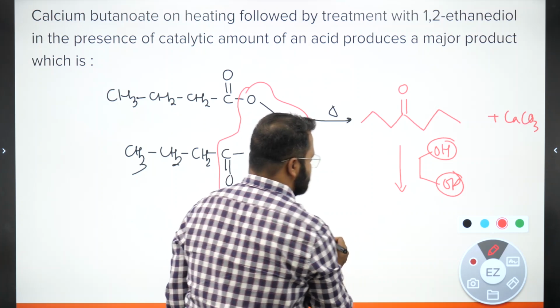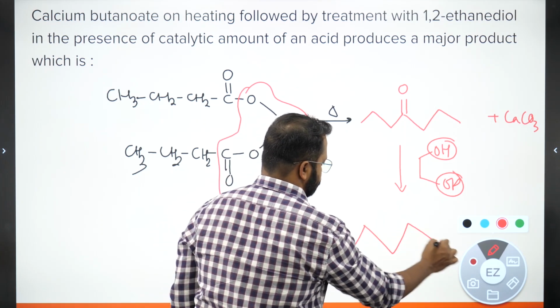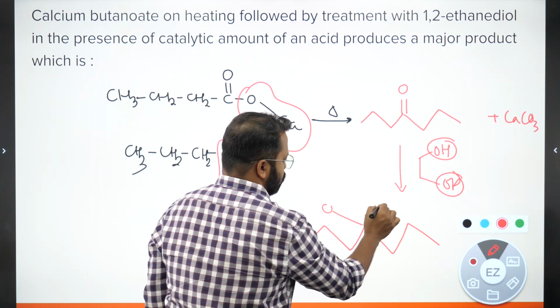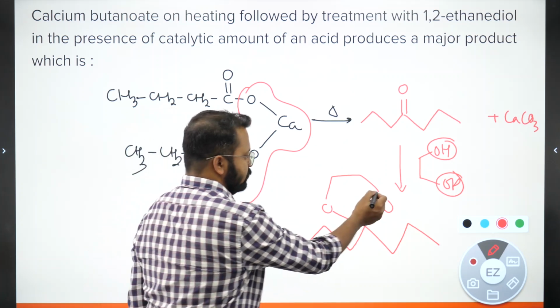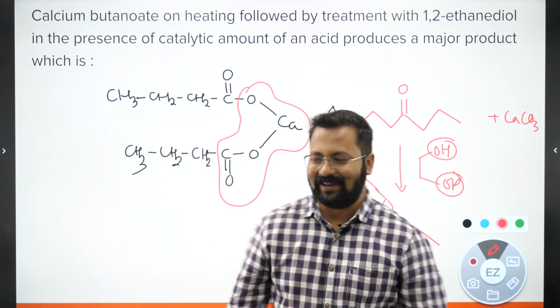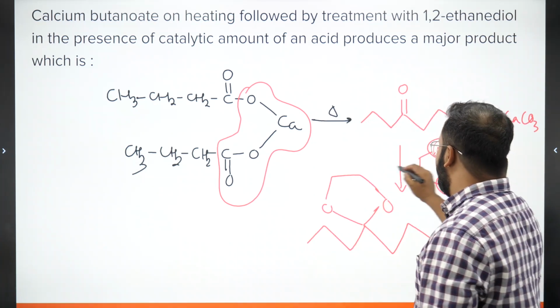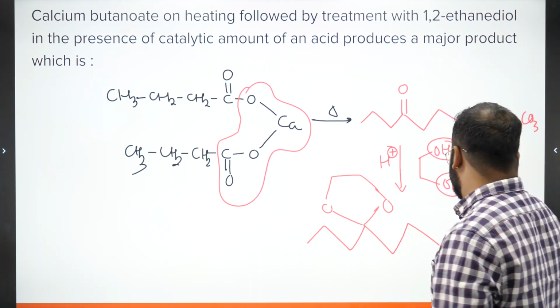That means it will look something like this. This is acetal and this reaction takes place in presence of H plus. So our product should be this.